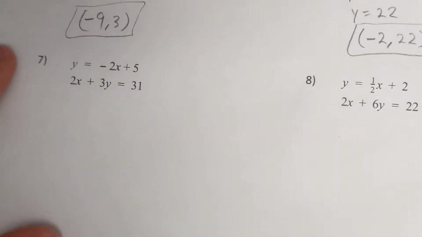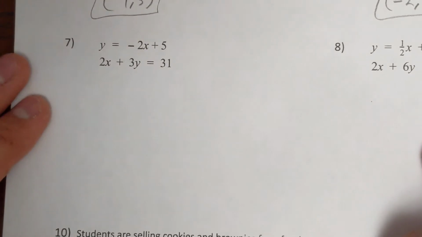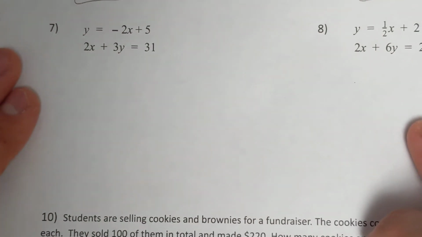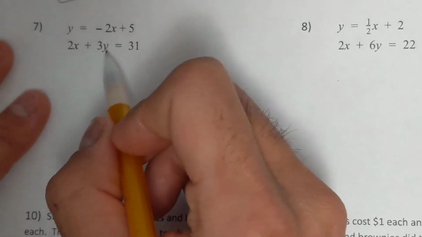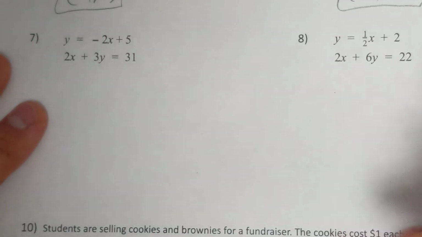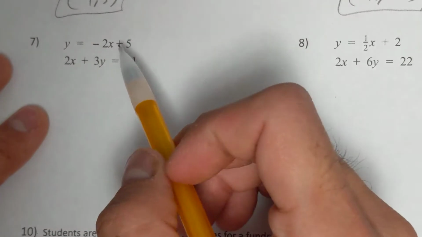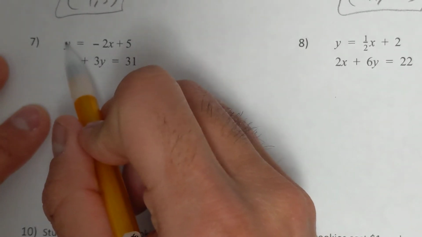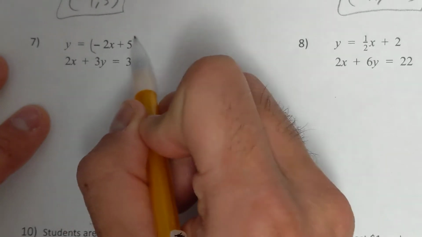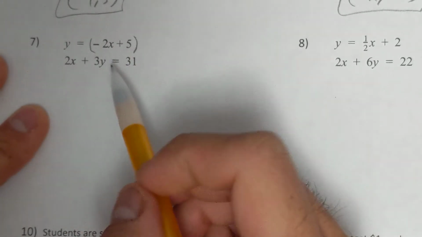Alright, moving on to question 7 here. y is equal to negative 2x plus 5. So this time we're not given an exact number or value, so we're going to have to do substitution twice. First, let's begin. We know that y is equal to negative 2x plus 5.